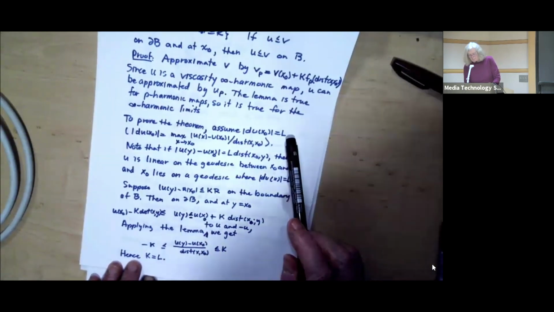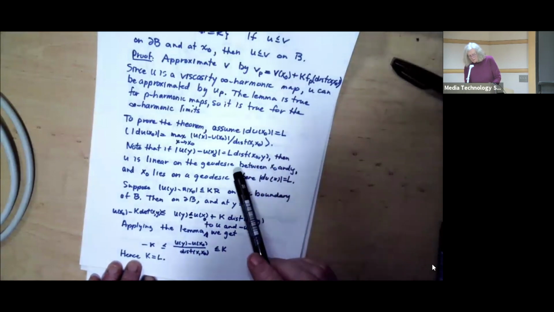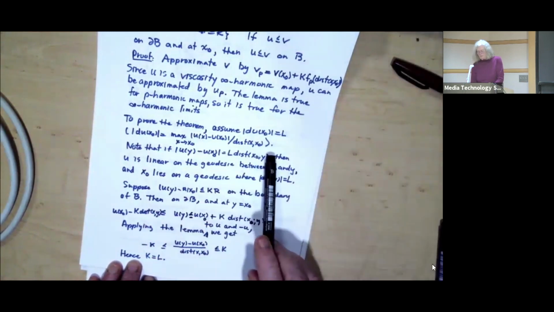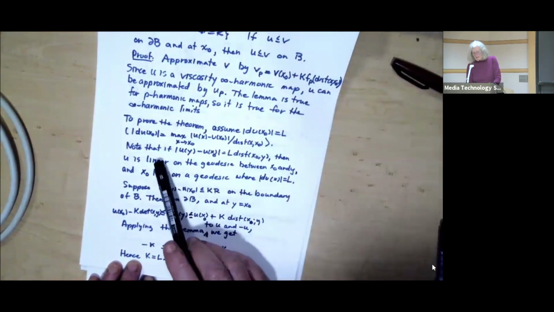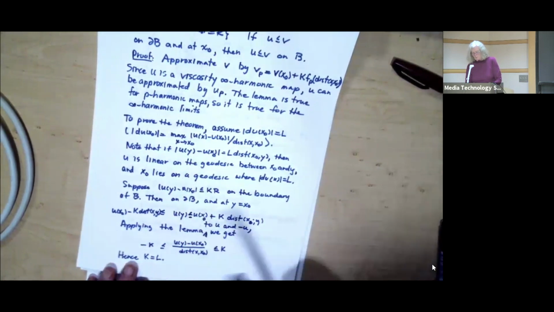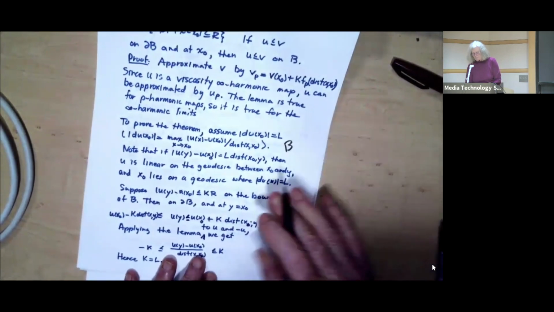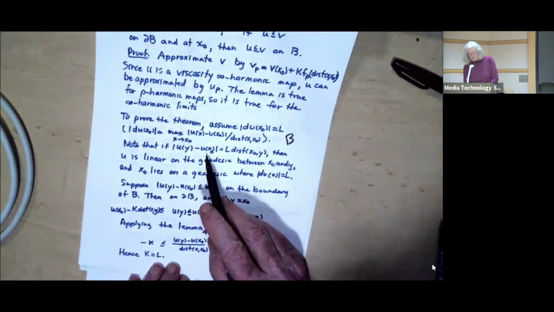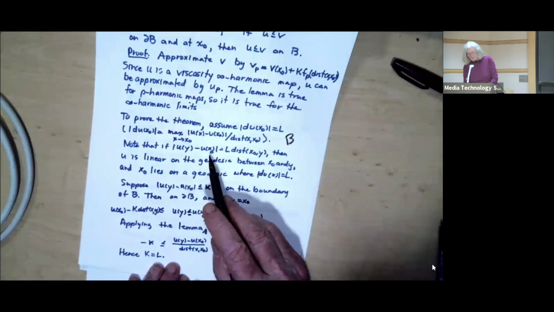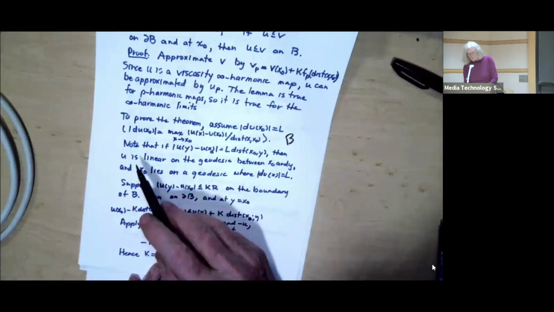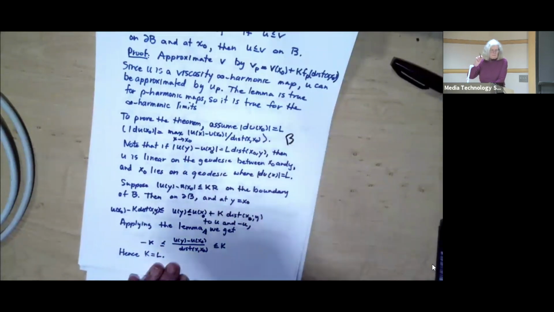Oh, right, and I've just rewritten down the definition. And note that if on the boundary of the domain B, we're back in B now, we're working in B. Note that if you take the values on the boundary of u(y) minus u at the center, and they're actually equal to the distance from x0 to y, then u is linear on the geodesic between them.